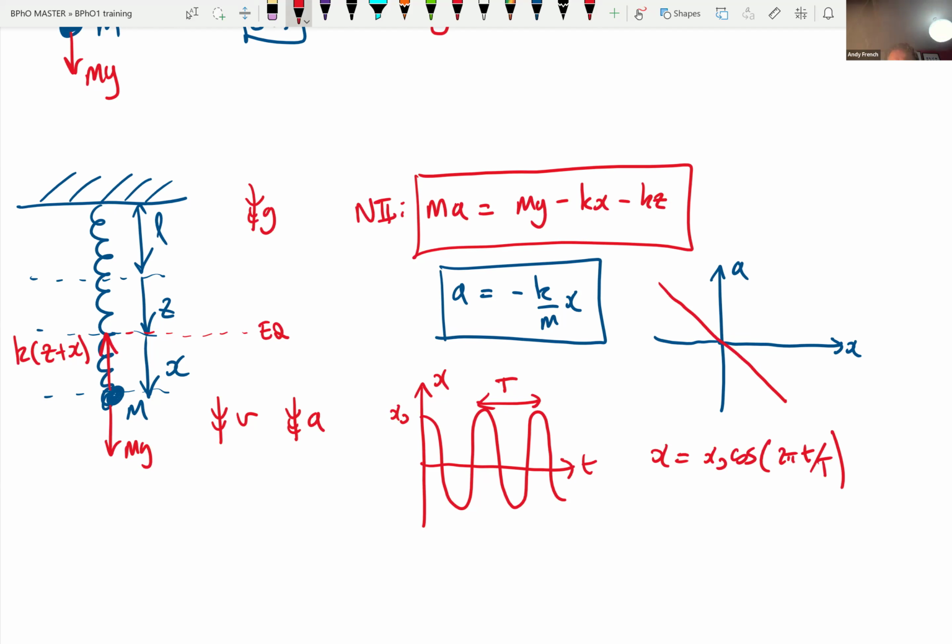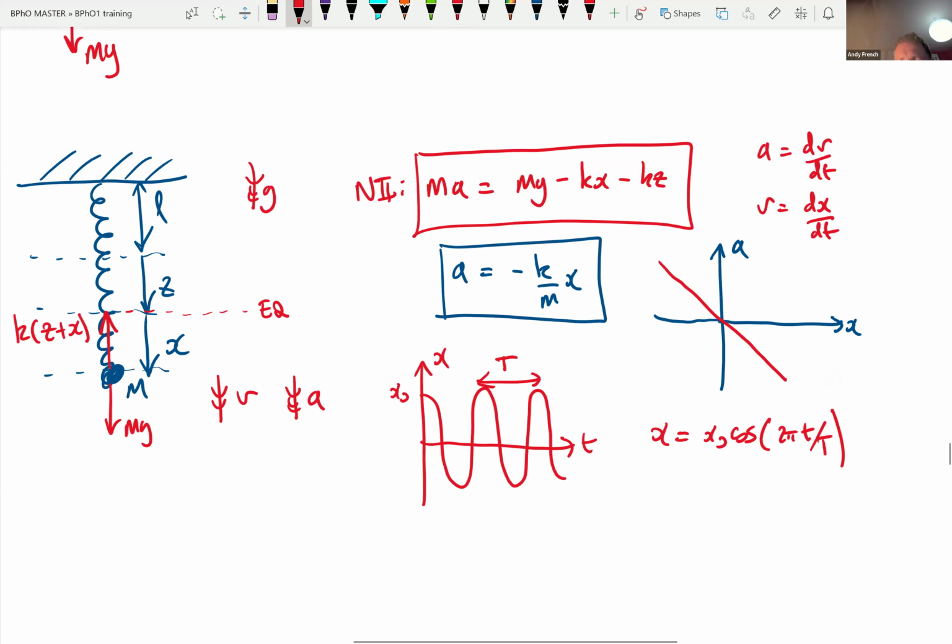We could do that from experiments, or we can have a guess. When we're solving differential equations, this is a differential equation because a is the rate of change of velocity, the gradient of the velocity time graph, and velocity is the rate of change of our displacement. So in calculus terms, we'd have to integrate that twice.